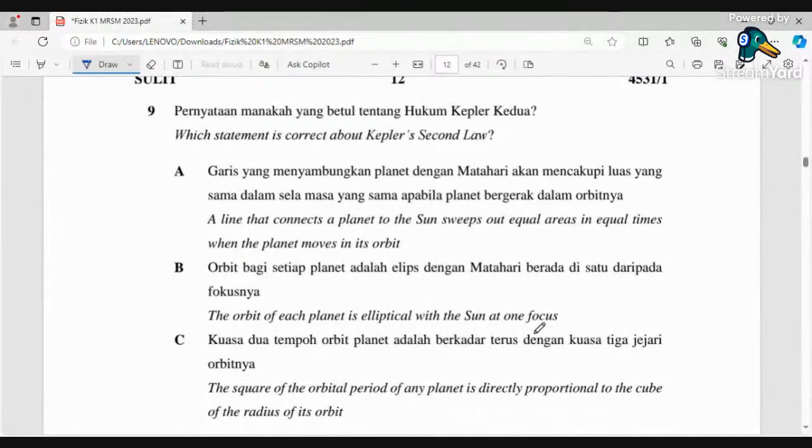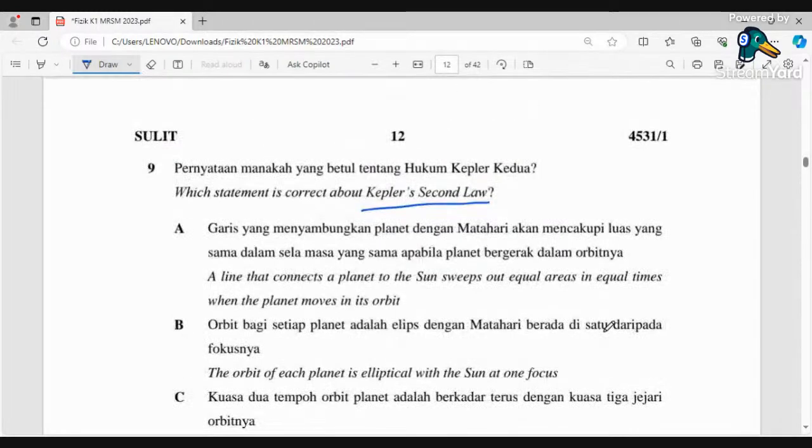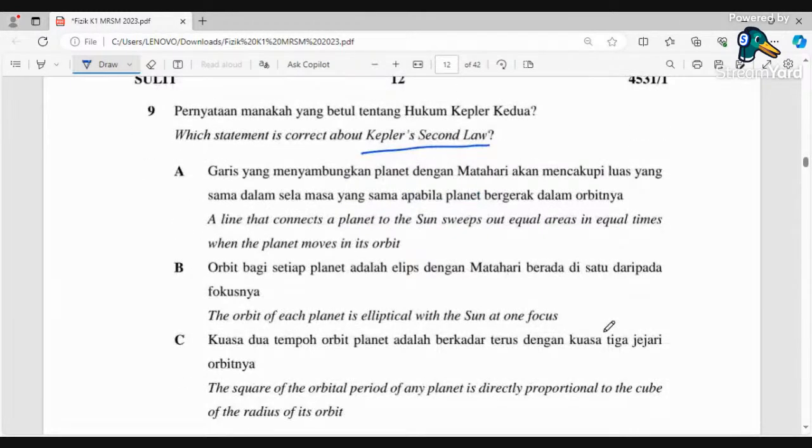Okay, number 9, Kepler's second law. Okay, kita dah belajar ada 3 law, Kepler's first law, second law and third law. Okay, the first law ialah berkaitan dengan apa? First law. Ini ialah law of orbit. Okay, the shape of the orbit is the ellipse shape.